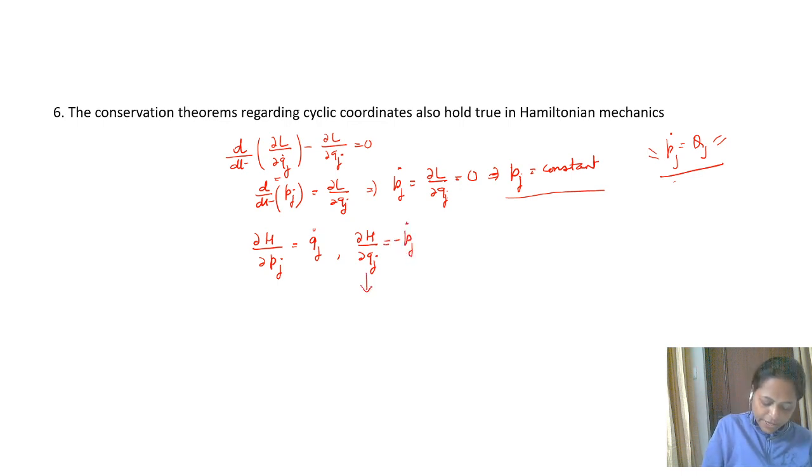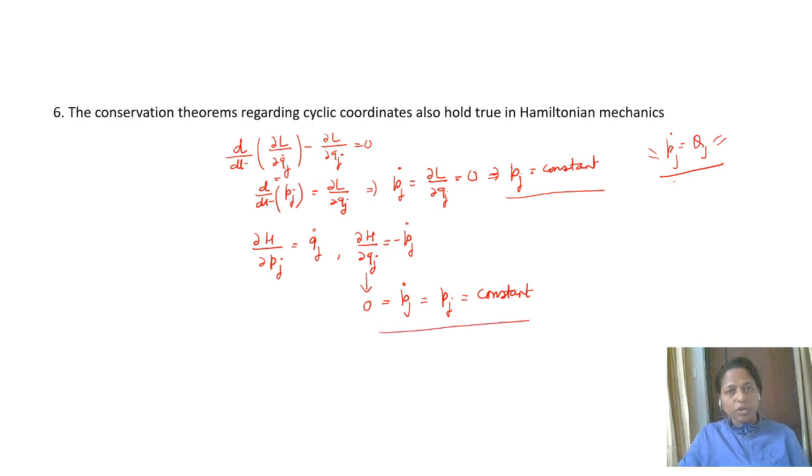If I say that q_j is cyclic, this will be 0, and you are left with p_j dot is 0, or p_j is equal to constant. So by proceeding in the same way as I did in Lagrangian mechanics, we can show that both the conservation theorems are true for Hamiltonian mechanics.